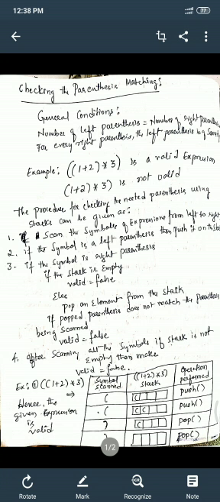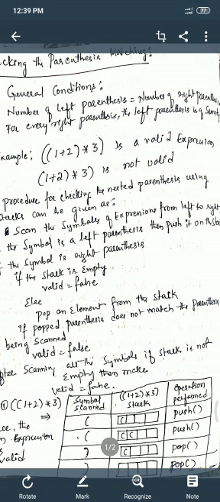So in order to check this, let us go through the procedure for checking nested parentheses using stacks. The first step: scan the symbols of the expression from left to right.